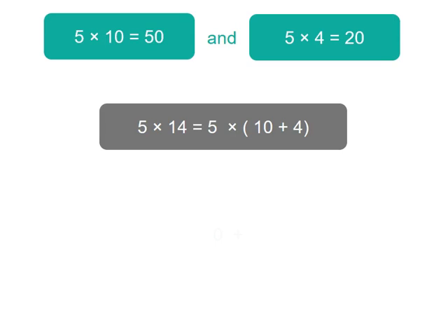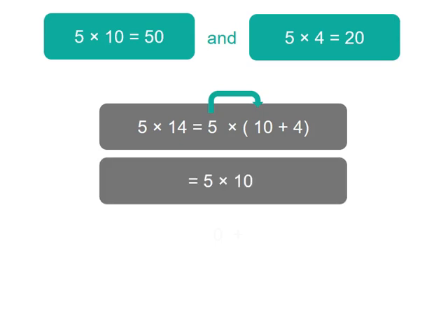So 5 times 14 is the same as 5 times 10 plus 4. We just proved that. And if we look at that separately, remember we can actually solve that as 5 multiplied by 10 plus 5 multiplied by 4. So we can distribute the two numbers in the brackets separately and multiply them each by 5.